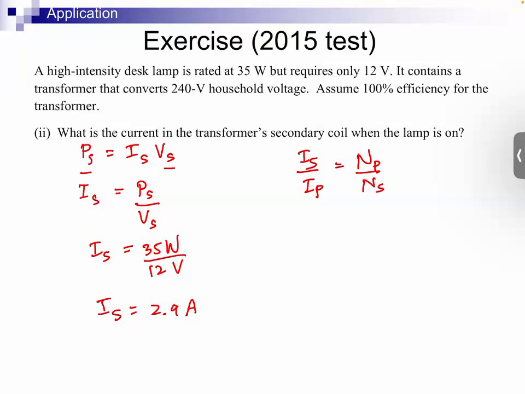You can also use this, but if you use this equation, you don't know the number of turns in the coils, and you also don't know the power in the primary. So that leads you to a dead end. But if you know the number of turns and you know the primary current, then of course you can use this equation.